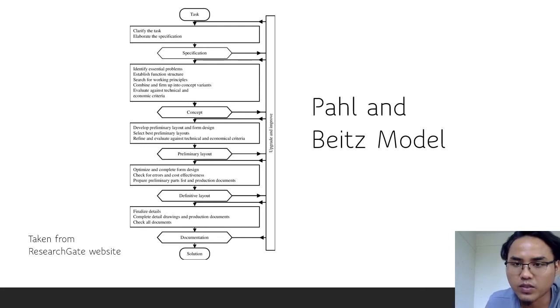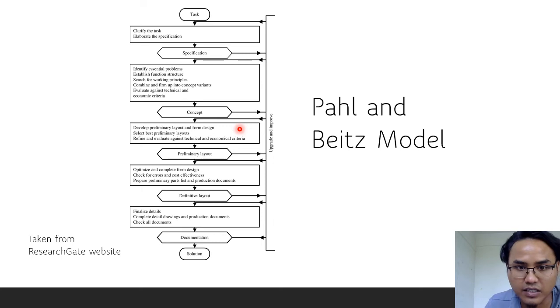Okay, now we go to the Pahl and Beitz model. The Pahl and Beitz model is a systematic approach that describes engineering design as a sequence of four phases, which are task clarification and specification. Next is the conceptual design, which is to develop the preliminary layout and form design, select preliminary layouts, and refine and evaluate against technical and economical criteria.